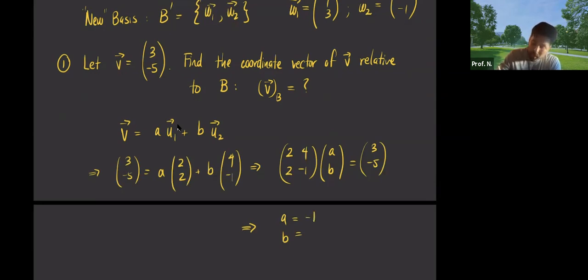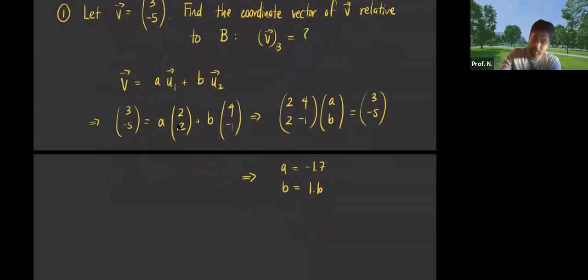If you guys verify with me, A is -1.7 and B is 1.6. Did everybody get this? So this indicates that V with respect to B is (-1.7, 1.6), right?